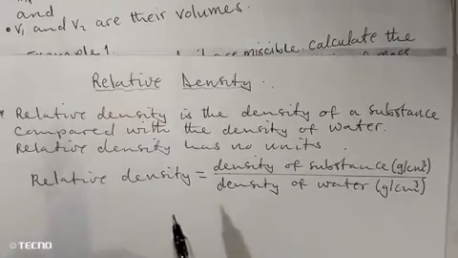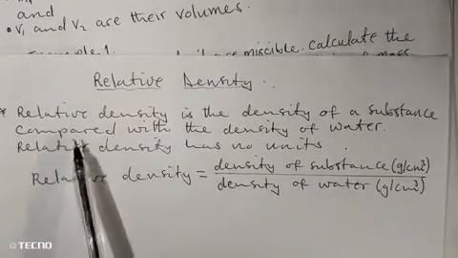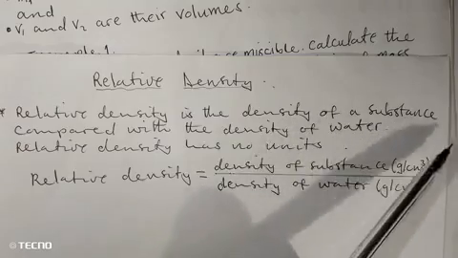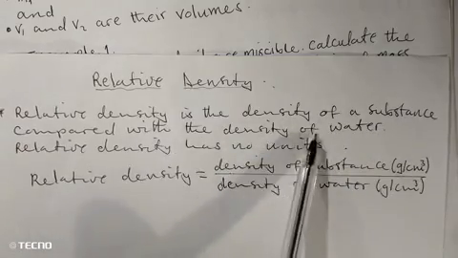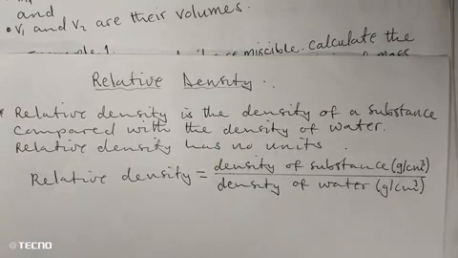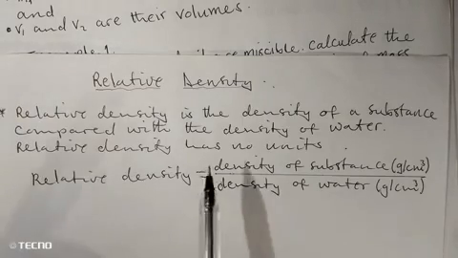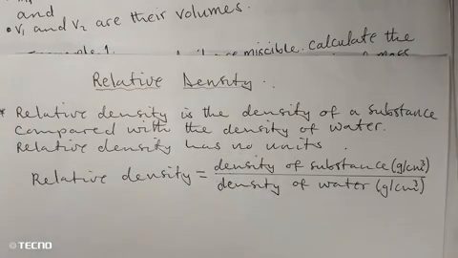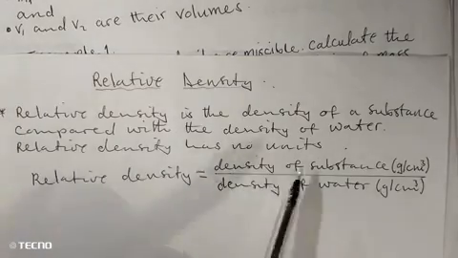Relative density is the density of a substance compared with the density of water. When you compare the density of a substance to the density of water, that is what we call the relative density, and it has no units.